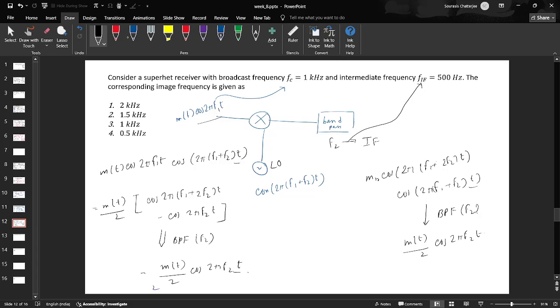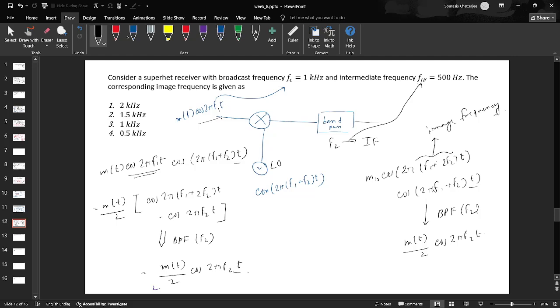So you can see that this is not the only signal that will go through this band pass filter; there is another signal with frequency f1 plus 2 f2, where f2 is the intermediate frequency and f1 is the broadcast frequency, that will also go through this band pass filter. So they are going to create noise or interference. That is what we call image frequency, which creates trouble. This is your image frequency.